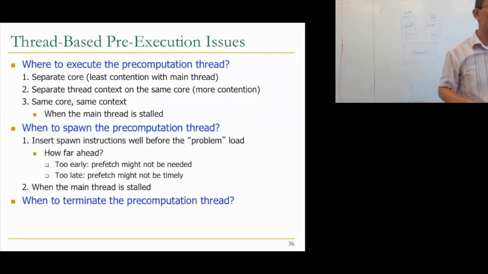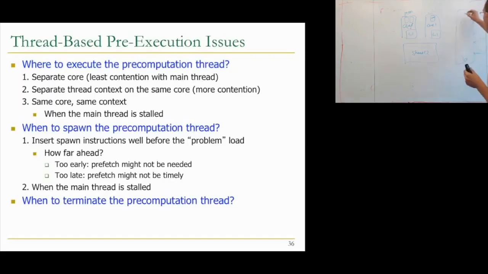The second issue is when do you spawn the pre-computation thread? Basically, you have a load instruction here, and where do you find the fork point? If you spawn too late, maybe the prefetch thread reaches this load later than the main thread would reach it, right? Or maybe it doesn't overlap the latency of the cache miss, because the main thread is going to reach that load very soon anyway.